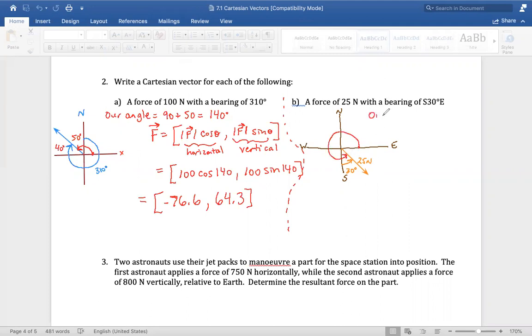So let's say our angle would be, starting here, 90, another 90, 90 plus 90, plus another 90, and then 180 plus 90 plus that chunk was 30. So that's easy enough, right? Because that was 30 degrees. So 270 plus 30 is 300 degrees, which is actually the angle that we are going to use.